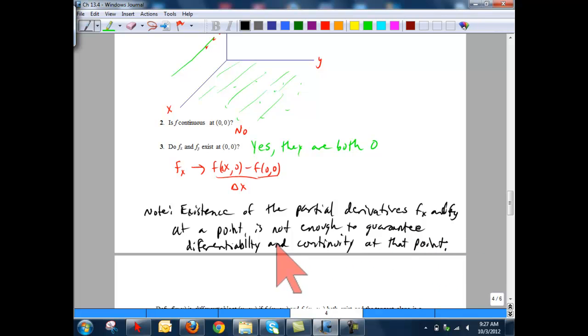So the partials can exist at a point, and the function can still be not smooth. In fact, it can even be not continuous.